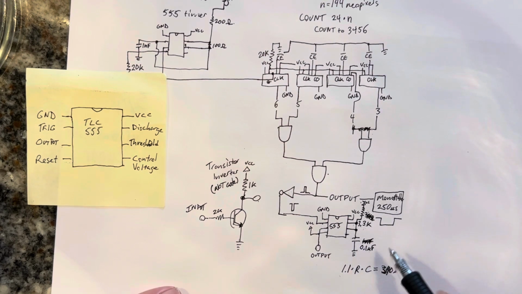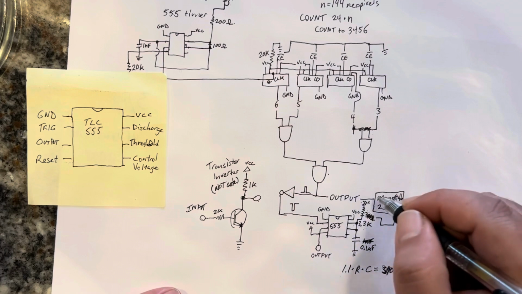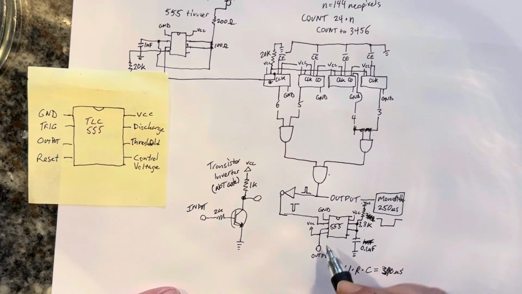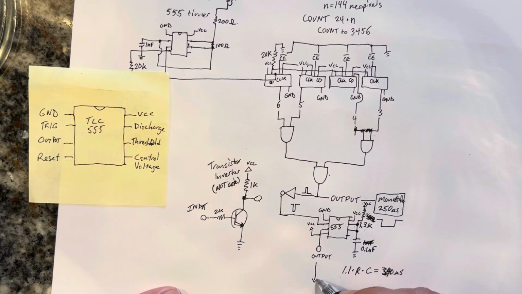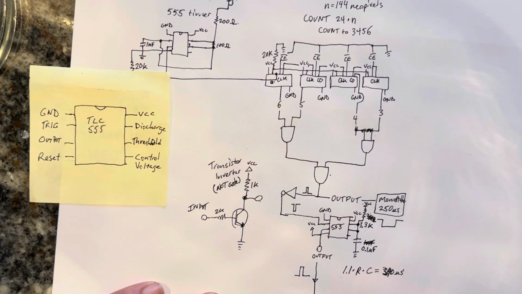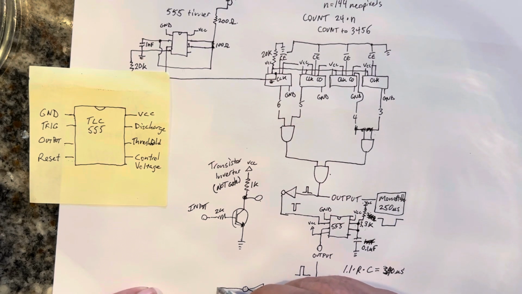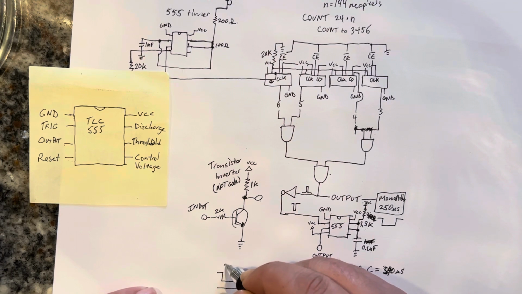So in any case, this output, however, is also a high pulse. It's a 250 microsecond high pulse. So what I did with this is I put it through another transistor-based inverter, and that results in exactly what we need, which is a 250 microsecond low pulse.